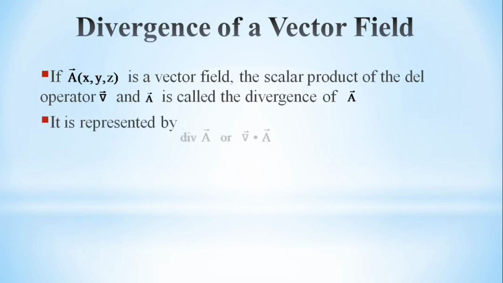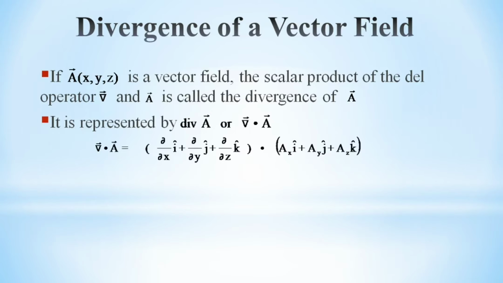It is represented by div A or del dot A, and it is given by del dot A is equal to, we know that del is dou by dou x i cap plus dou by dou y j cap plus dou by dou z k cap, and vector A is represented by Ax i cap plus Ay j cap plus Az k cap.